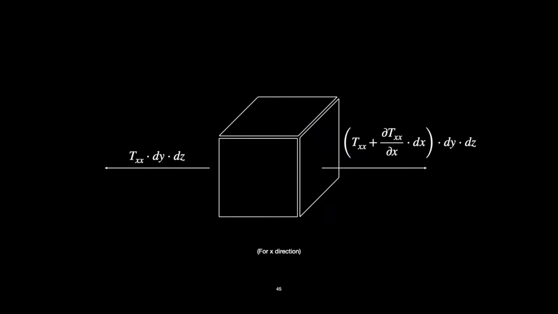This is going to be the tensor in the x direction, and then the x normal times dy dz. dy dz is the cross-section area for that cube face. So for that face, the area times the stress tensor in that direction is going to be the force.